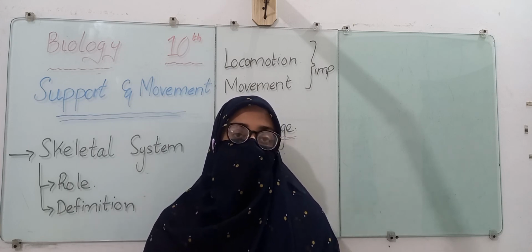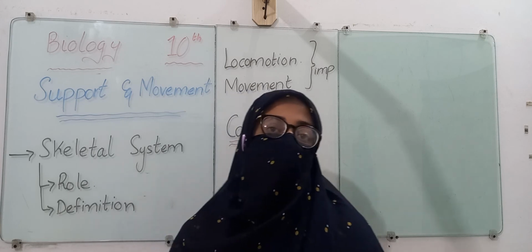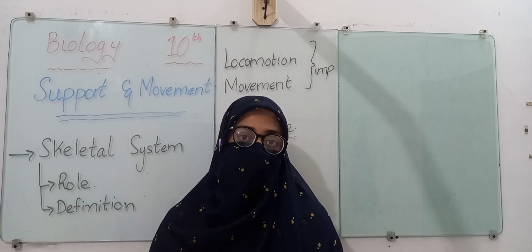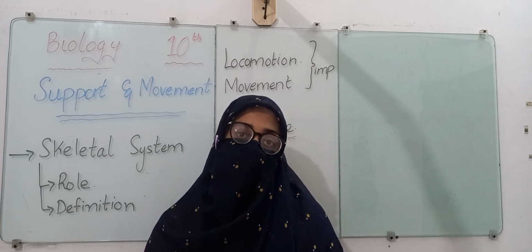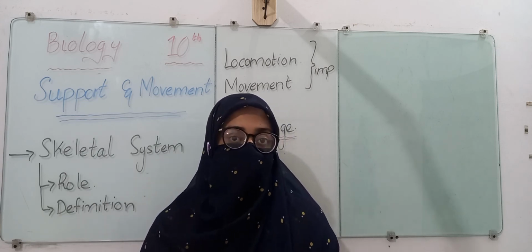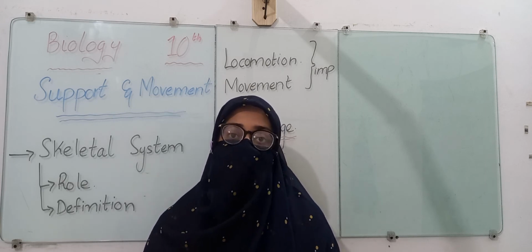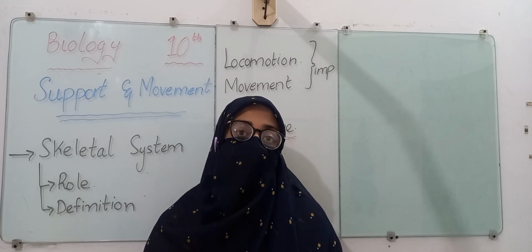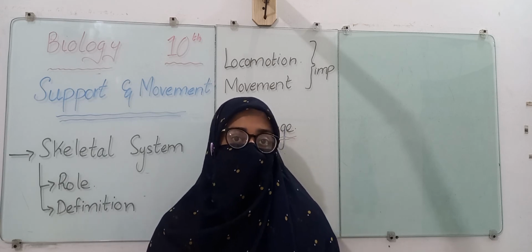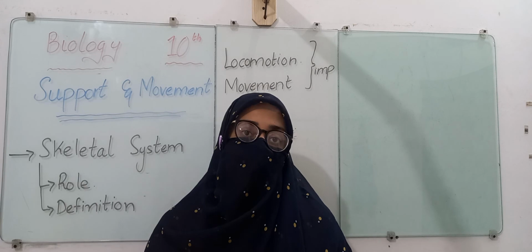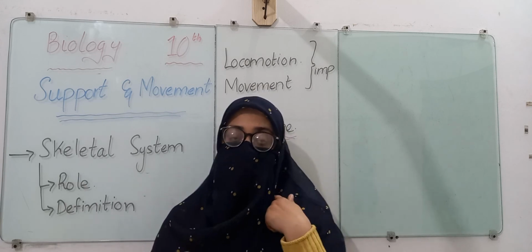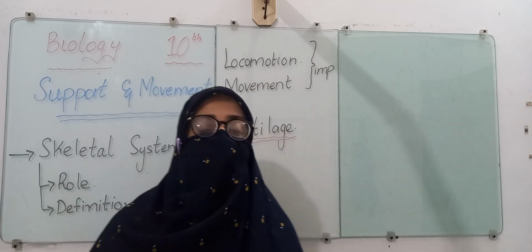So basically I told you that the skeletal system provides support, protection, and it also provides movement. The second important function is that in human beings some organs are very sensitive, very vital and very important for the life of the being. So for their protection, nature has provided us with special types of bones.